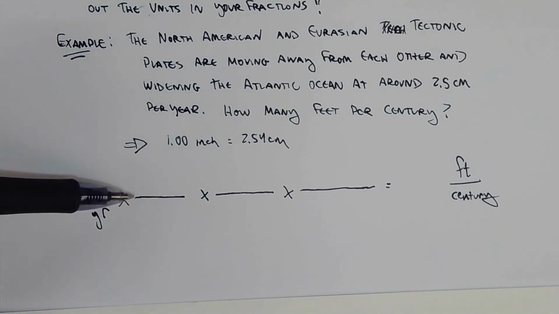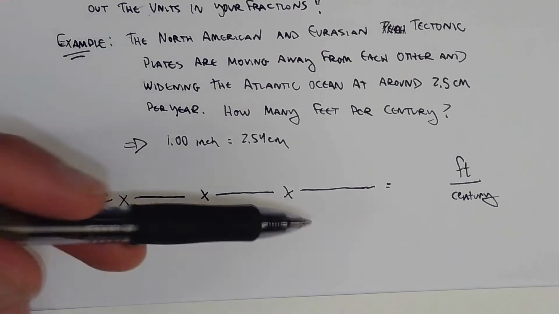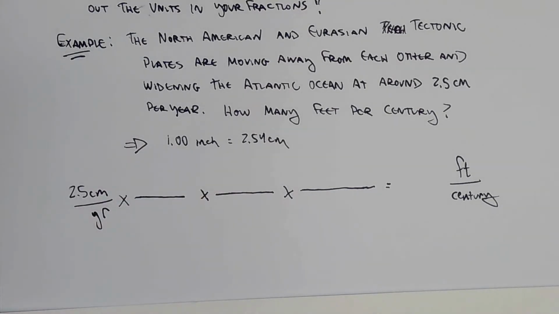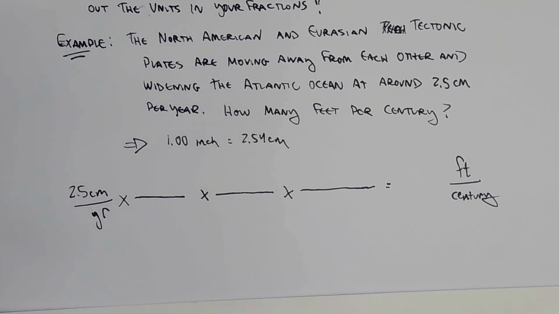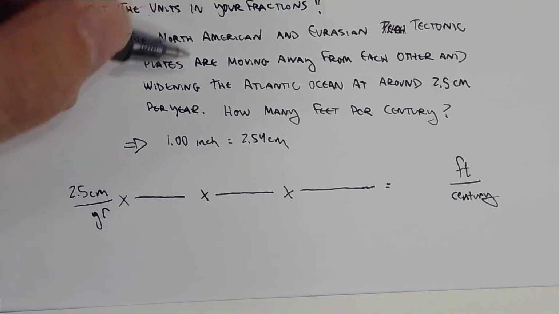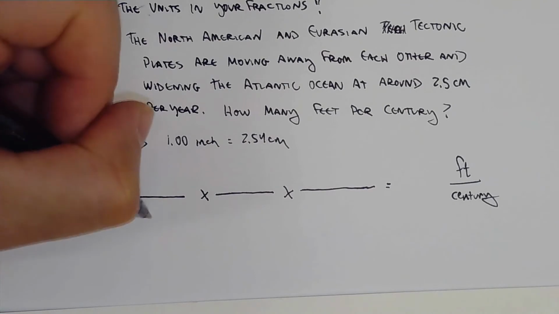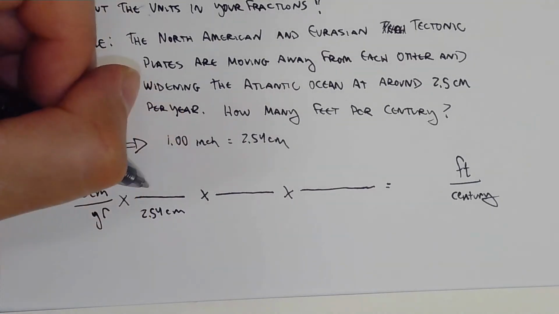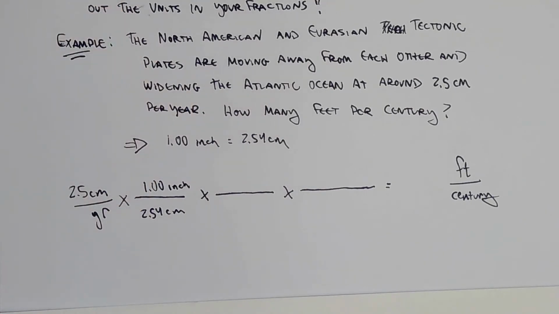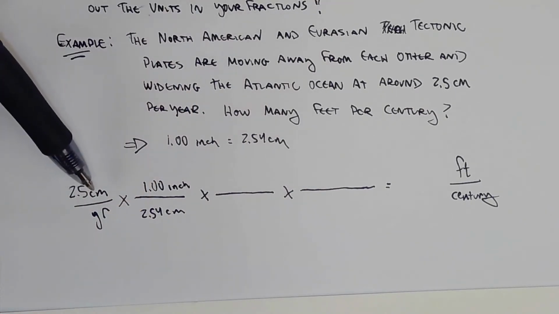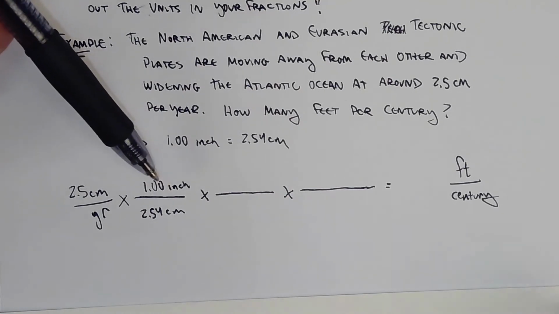Okay, so why don't we just start with the top like we normally would. We want to convert centimeters to feet, and I did write that 1 inch is 2.54 centimeters, so I'm just going to start with that right there. Now, inches is not what we want for our answer, but it's going to get us 1 step closer to the goal. So 2.54 centimeters for 1 inch. So the idea is that we've got centimeters divided by centimeters. Centimeters cancels out. And we have an inch, and we want to get to feet.